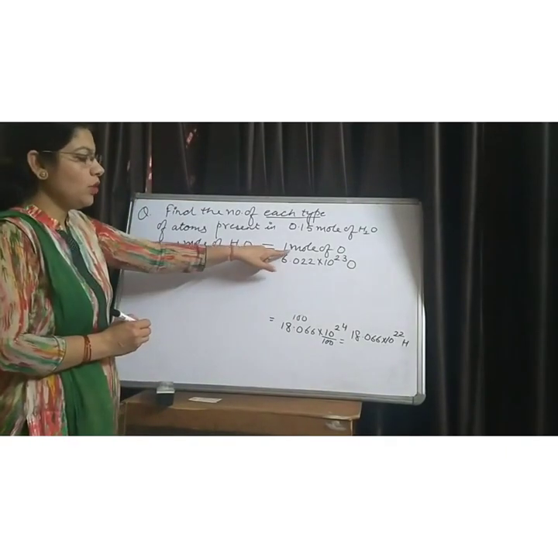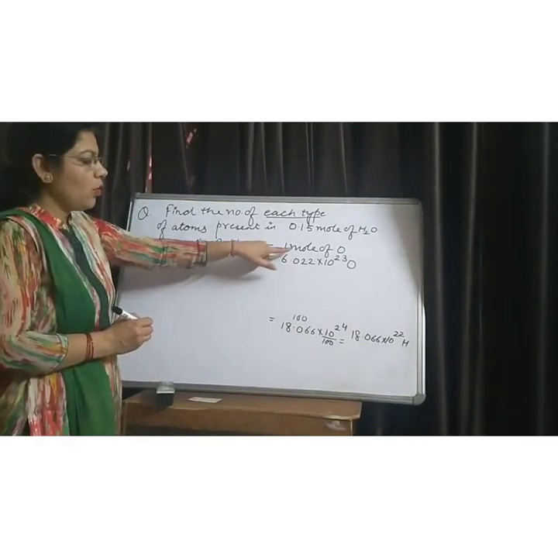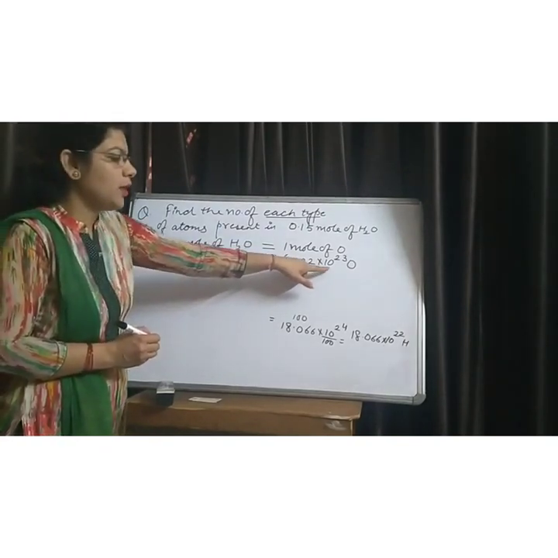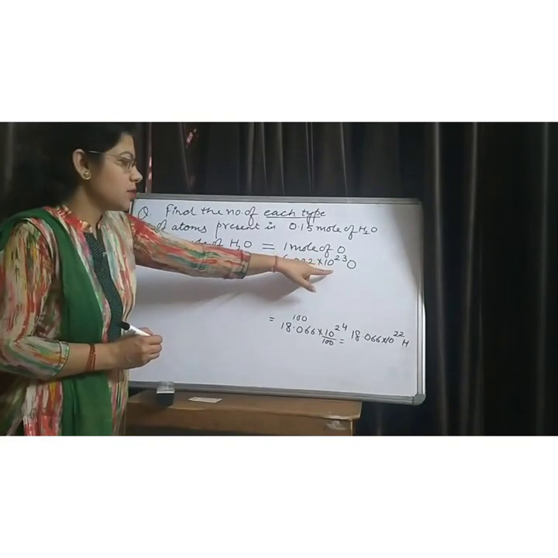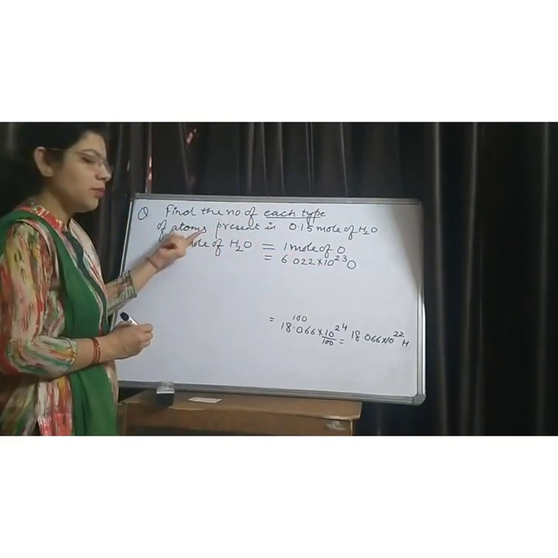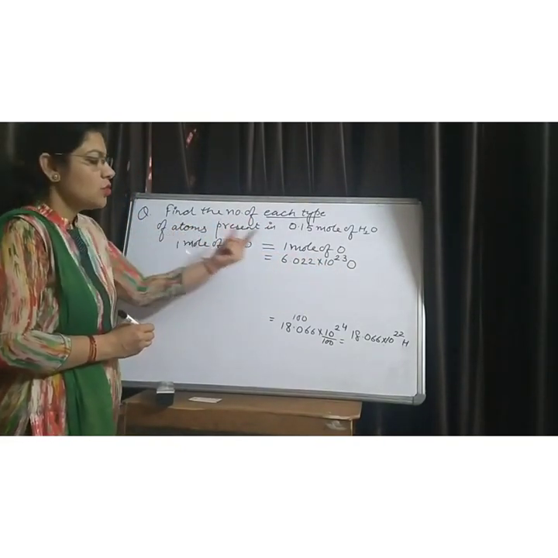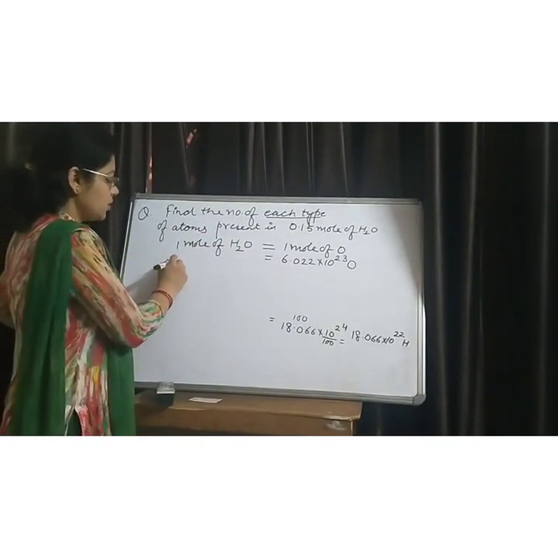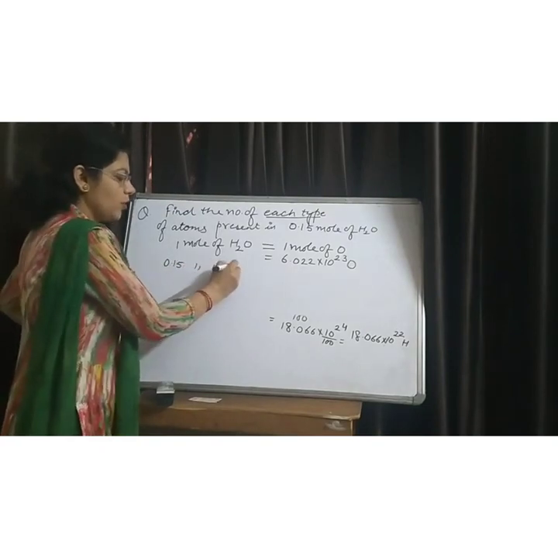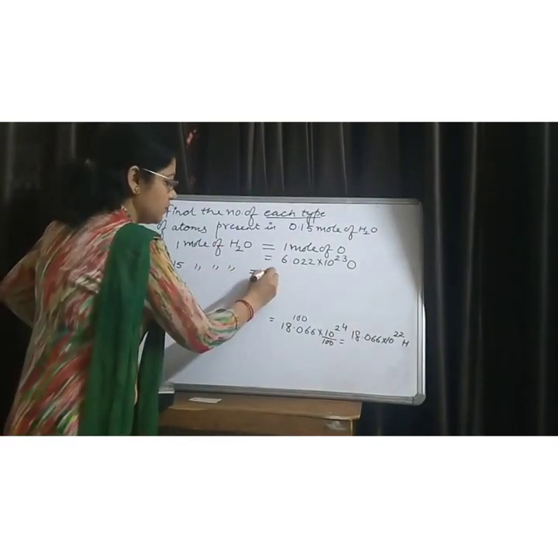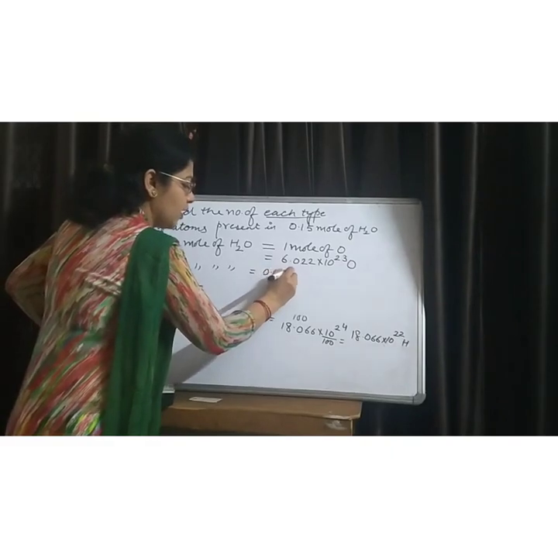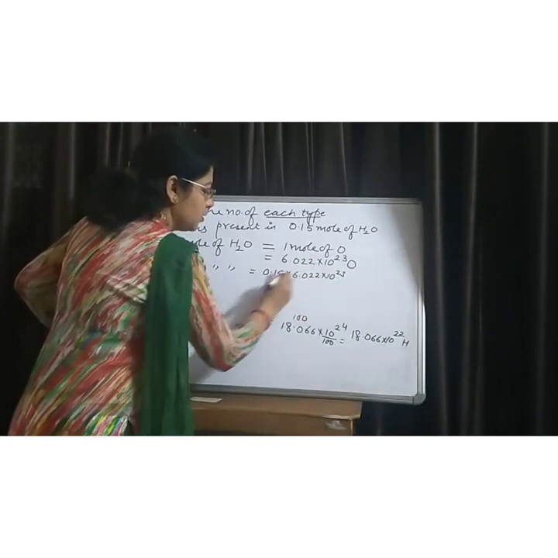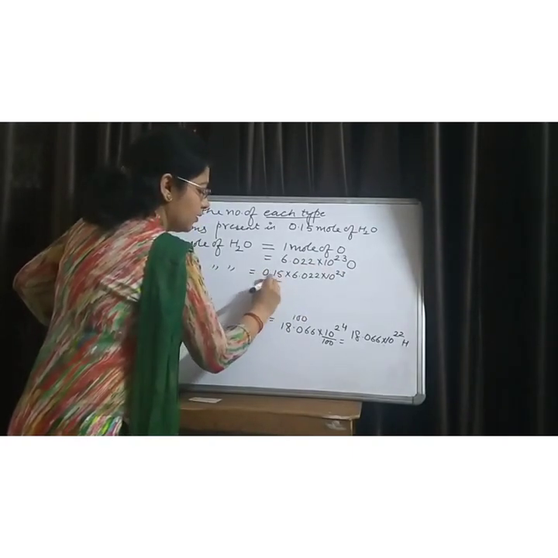As 1 mole is equal to Avogadro number, or 1 mole is equal to 6.022 into 10 raised to power 23 particles. In this question we have to calculate the number of particles or number of atoms. So we put here Avogadro number. Now in 0.15 mole of water, number of oxygen atoms are 0.15 into 6.022 into 10 raised to power 23 divided by 100.